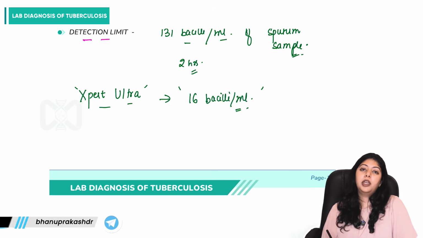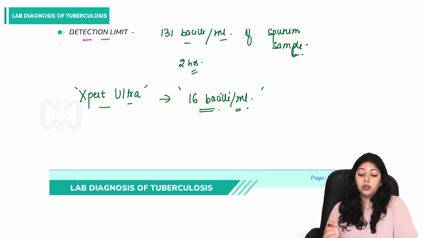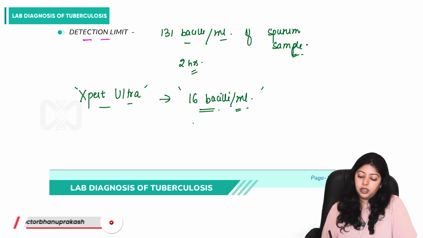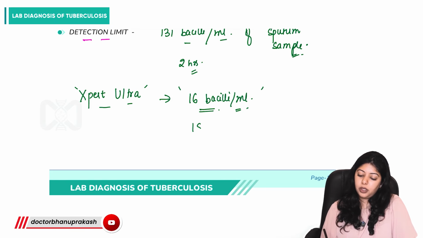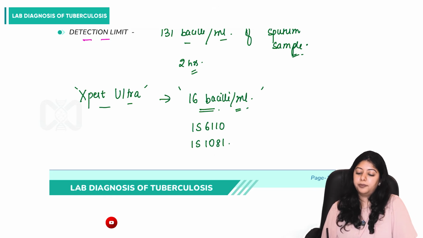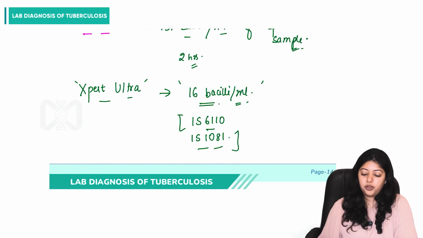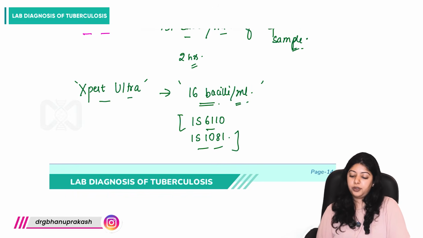Along with this low detection limit, it also uses 2 sequences, insertion sequence 6110 and insertion sequence 1081. So these are the two added sequences that Ultra uses.